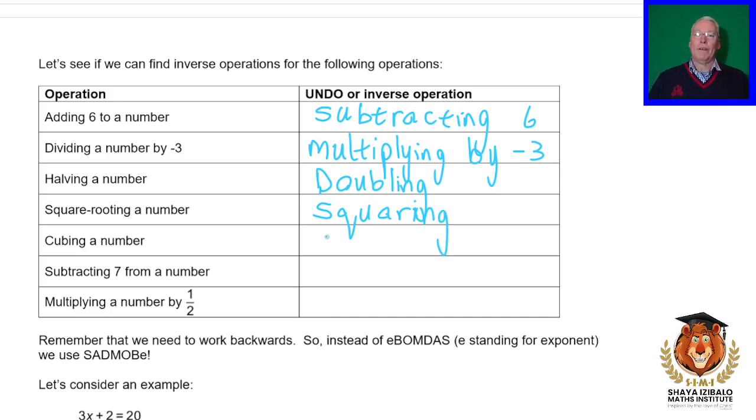Cubing a number: cube rooting. Subtracting 7 from a number: adding 7. And lastly, multiplying a number by a half: dividing by a half.